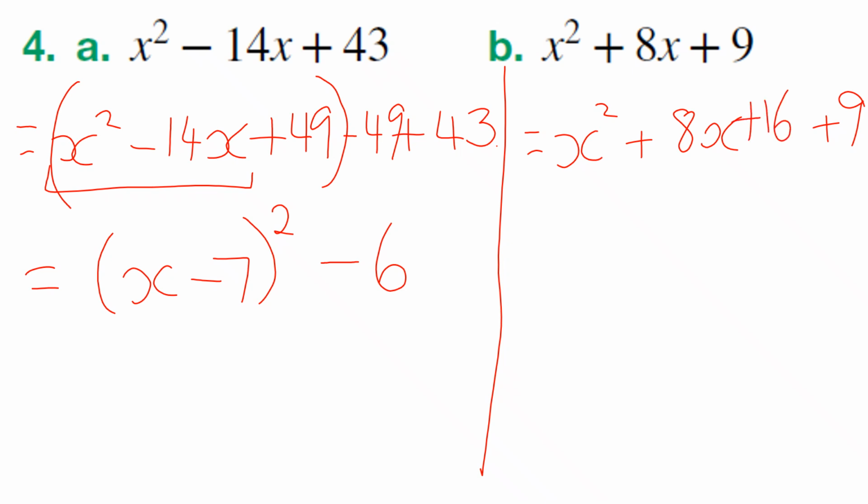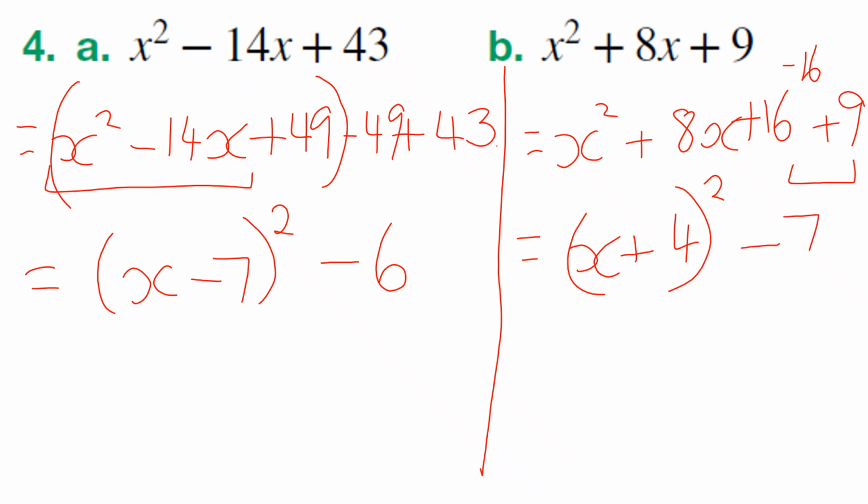So plus 16 minus 16. And we're going to get x plus 4 all squared. And we are left with our constants here, minus 16 plus 9. So that will be minus 7.